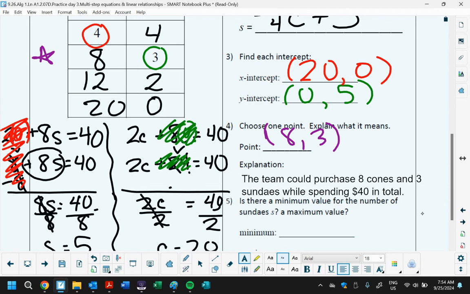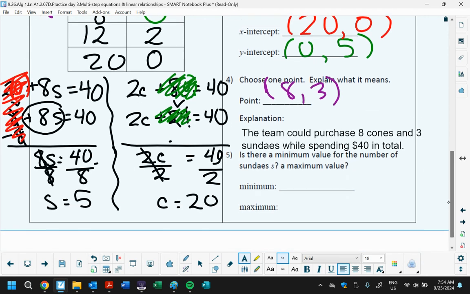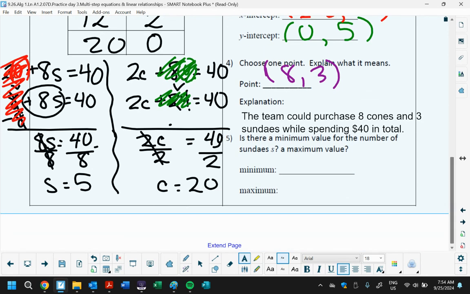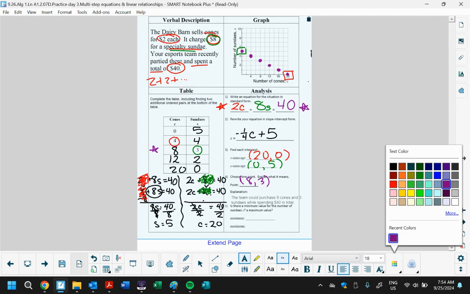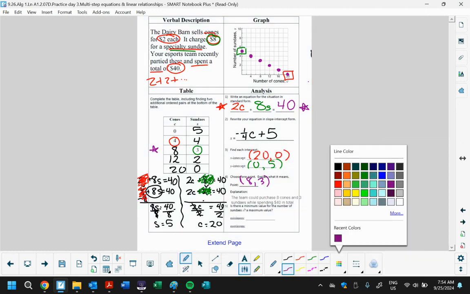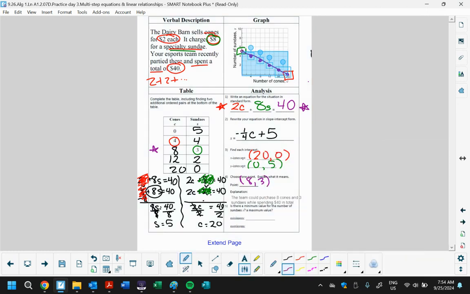All right, is there a minimum value of sundaes? Is there a maximum? This is not something we've talked about in 9th grade, but you have explored it in 8th grade. So you could go to your either table or graph, but I notice there's no way to go past 5 sundaes. If I kept going, I'd get into the negatives for cones. You can't have negatives for cones.